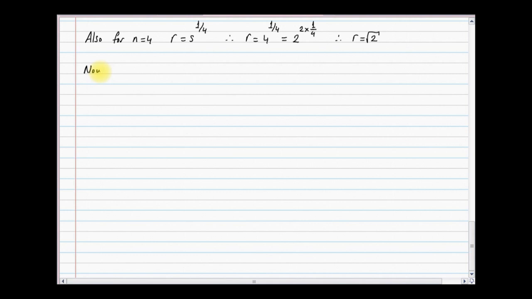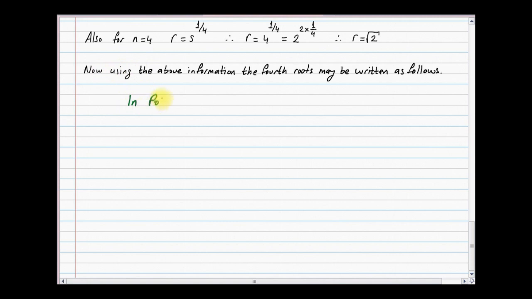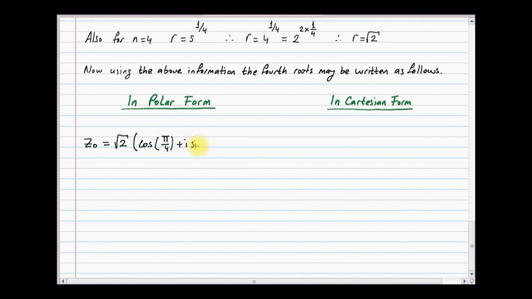Now, using the above information, the four roots may be written as follows in polar form and then in Cartesian form. If I now call the first root z0, then in polar form, z0 is equal to square root of 2 times (cosine of pi over 4 plus i sine of pi over 4).